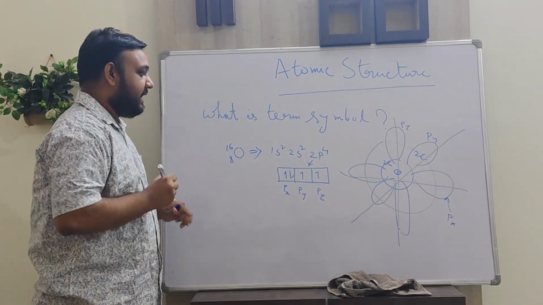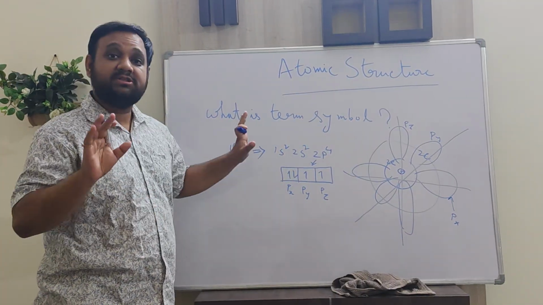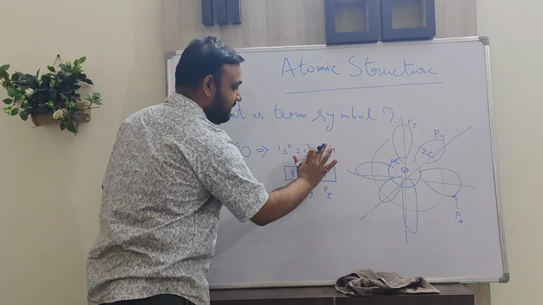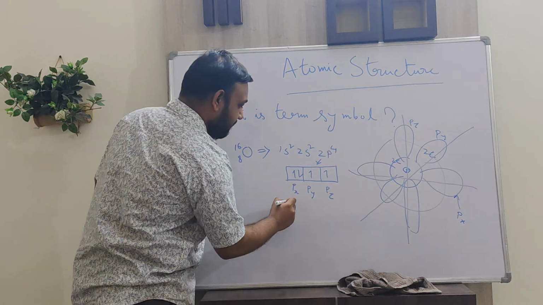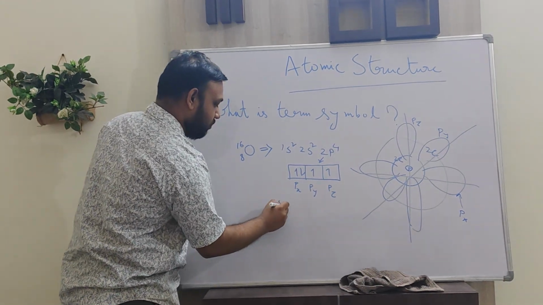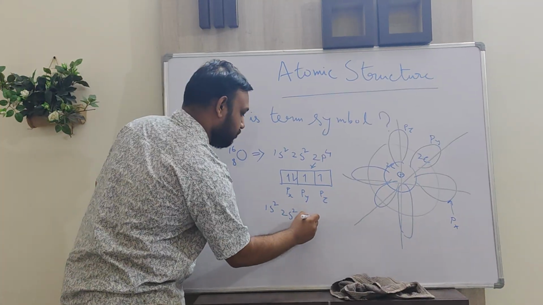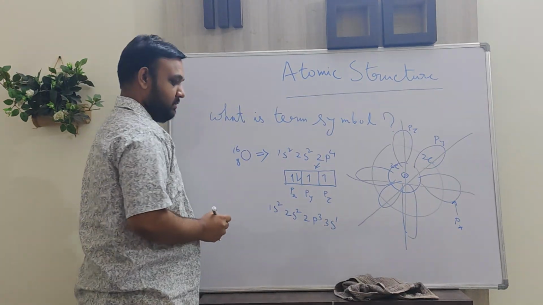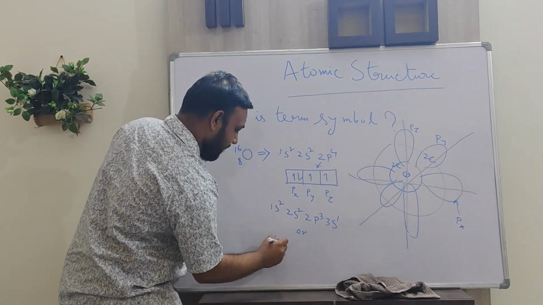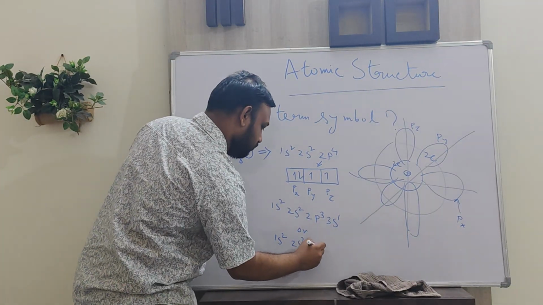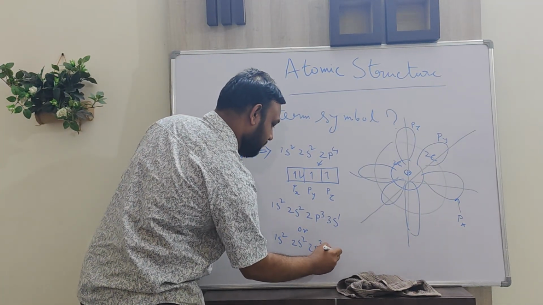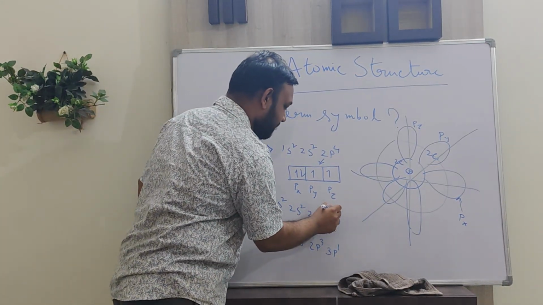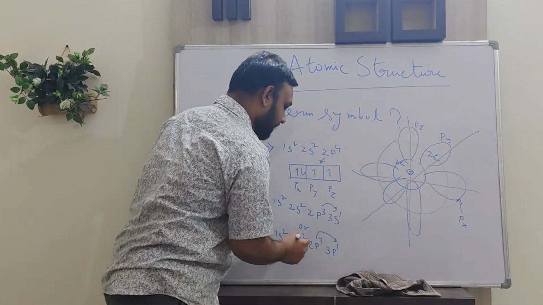So for now, let's say this is the ground state of the oxygen atom, because when we write the electronic configuration like this, then electrons are highly stable. If we write 1s2, 2s2, 2p3 and then 3s1, or 1s2, 2s2, 2p3, 3p1, something like that, the electron jumped from here to here, overlooking the s orbital and jumping into the p orbital.